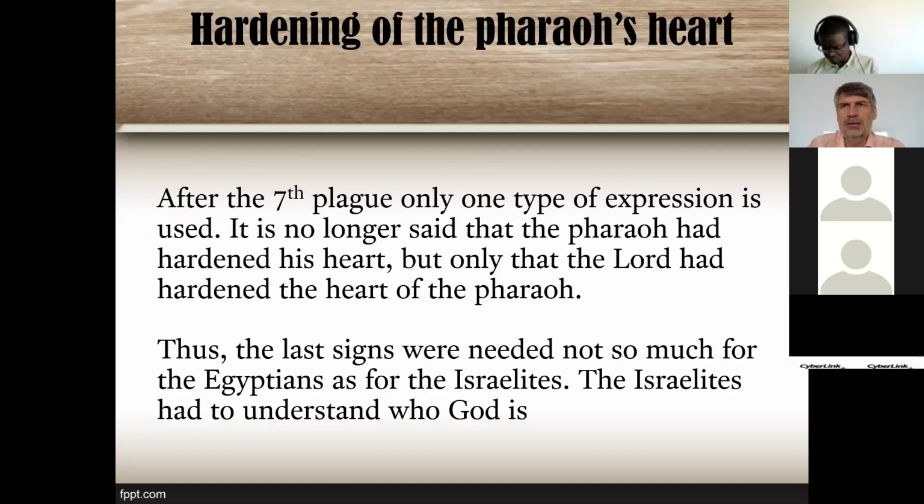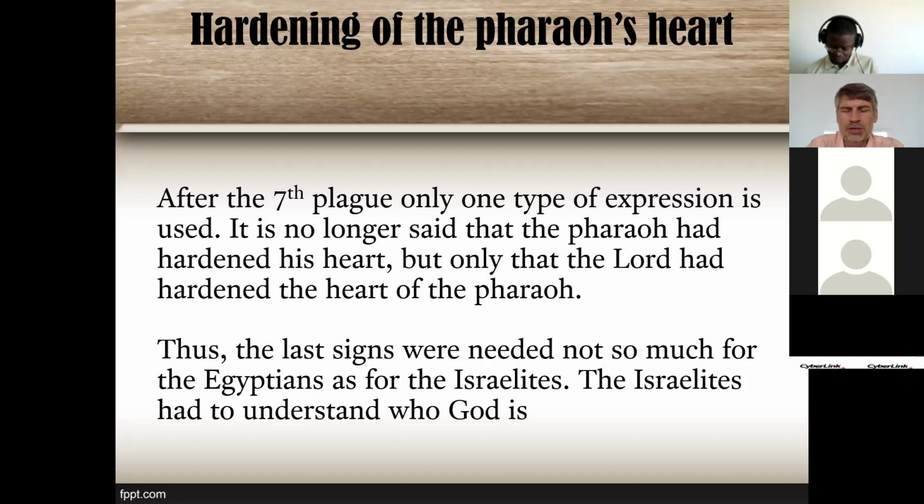We can explain it like this. From the very beginning, it was clear that Pharaoh is doomed. He will not listen to God's voice, and God used him in order to demonstrate the greatness of his power.